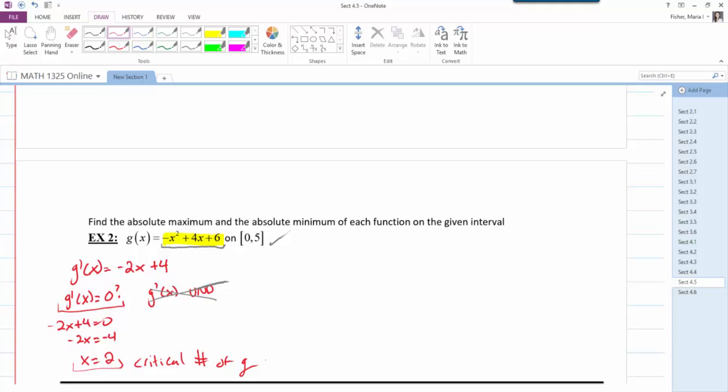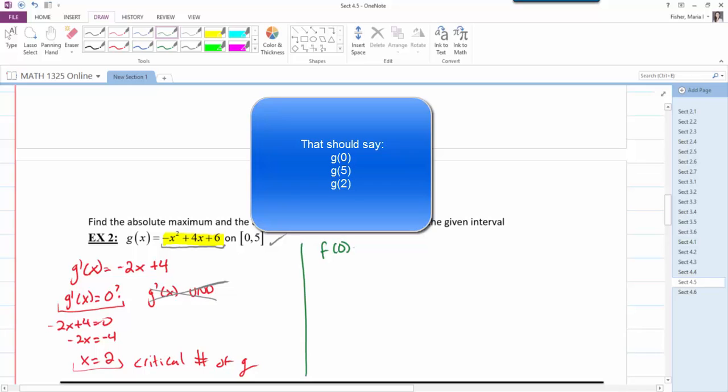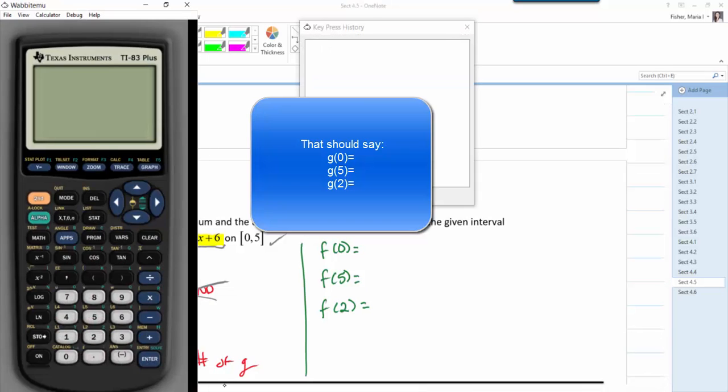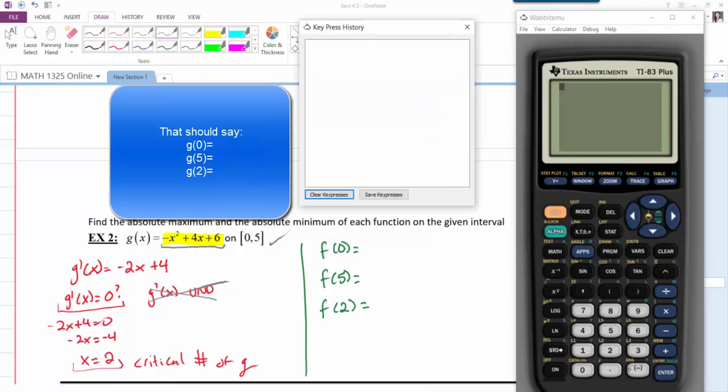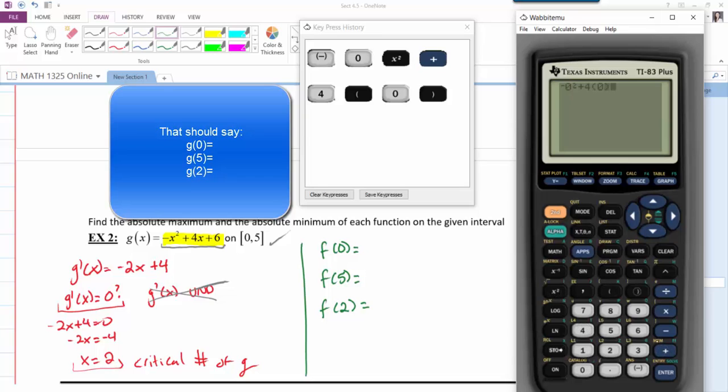Step 3 says now evaluate f at the endpoints and at the critical numbers, which means I need to find f of 0, f of 5, and f of 2. So let's grab a calculator and find all of those values. We're going to do negative 0 squared plus 4 times 0 plus 6, and we end up with 6.